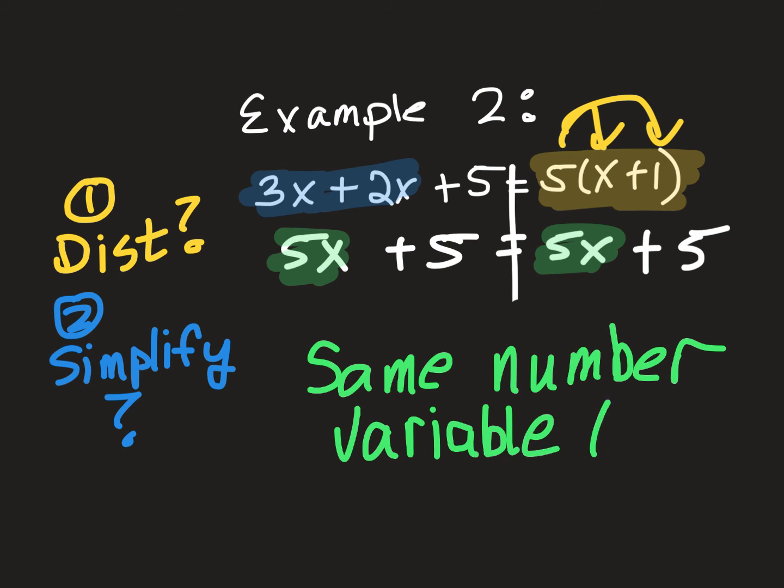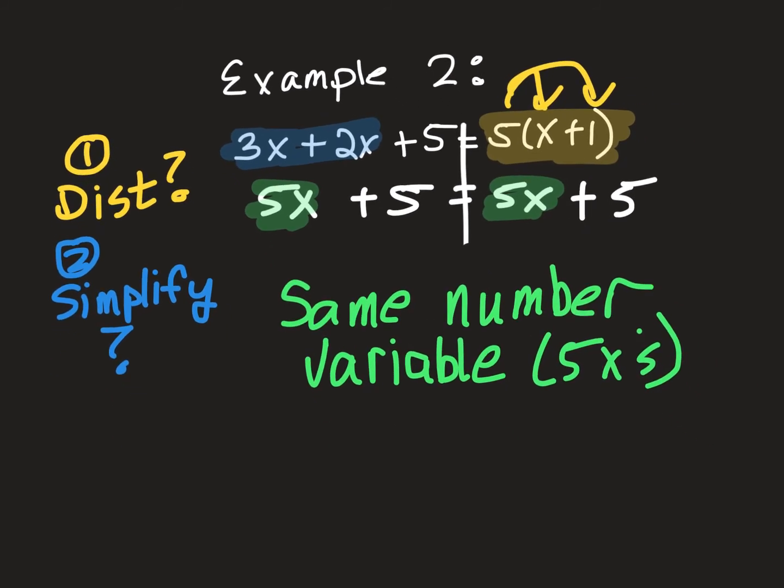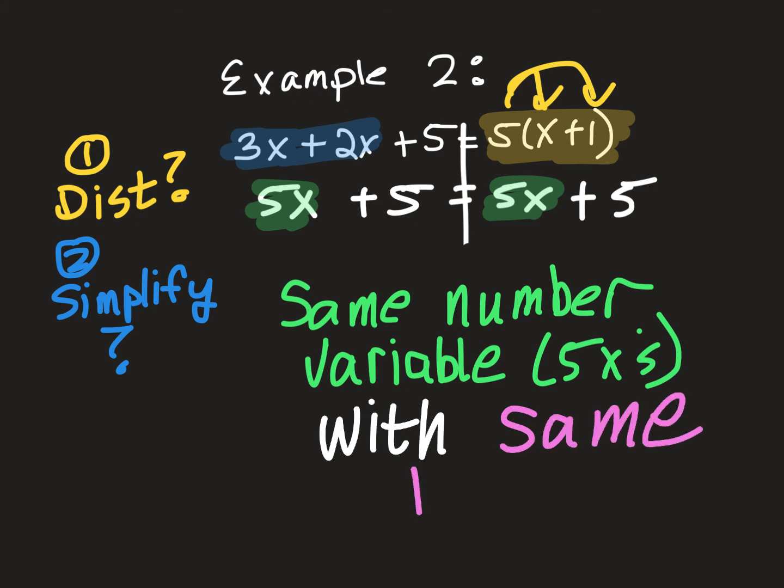In this case, it's 5 x's. But instead of being paired with a different number, this time they're paired with the same number. This is no longer an example of an equation that has no solution. Quite the opposite. I'm going to show you a picture in 1 second. So now we're paired with the same number.